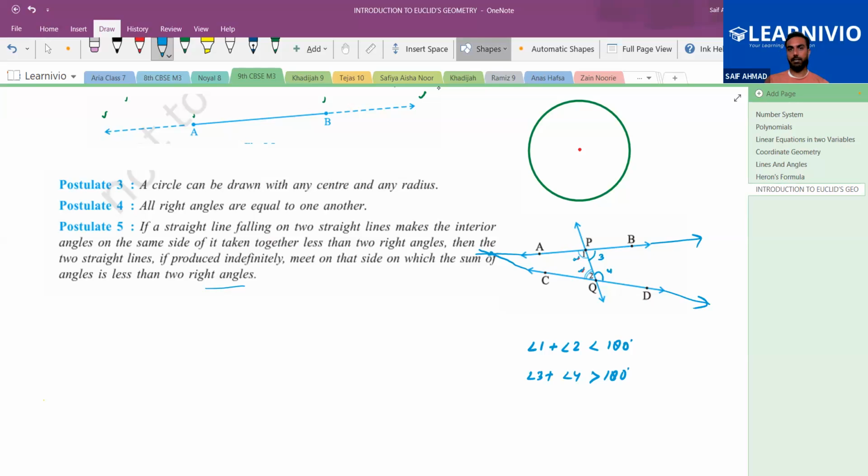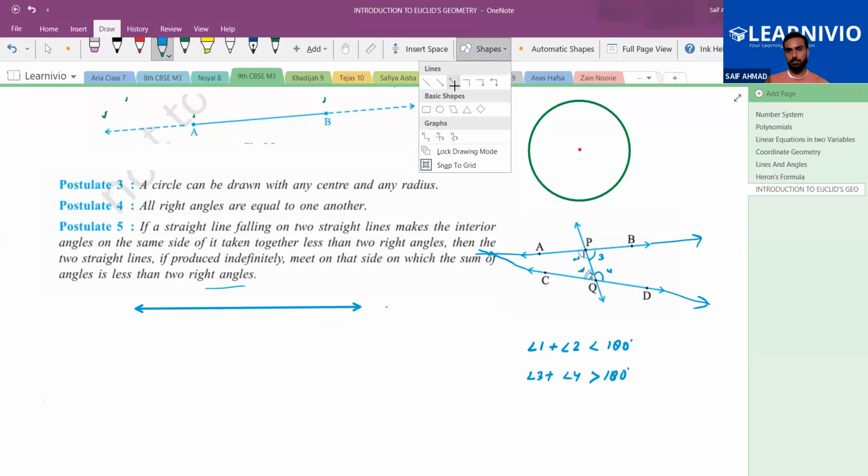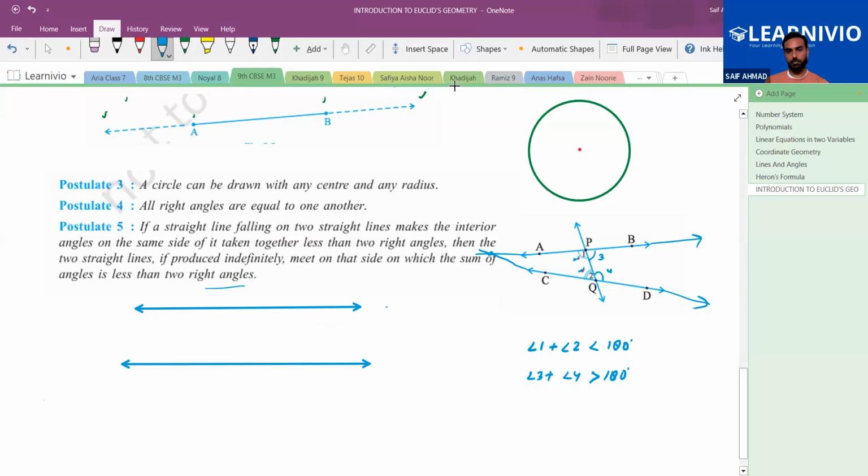And we know that if we have two parallel lines, the sum on the same side of the transversal is equal to 180 degree. For example, this is angle 1, this is angle 2. So we know that angle 1 plus angle 2 is equal to 180.